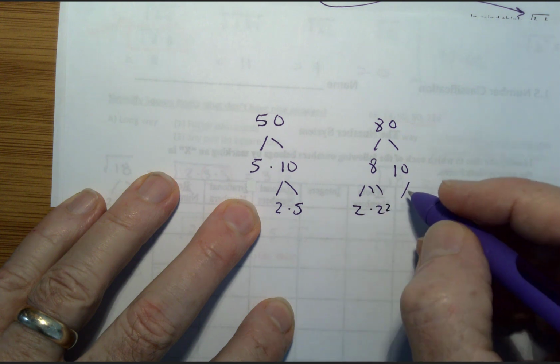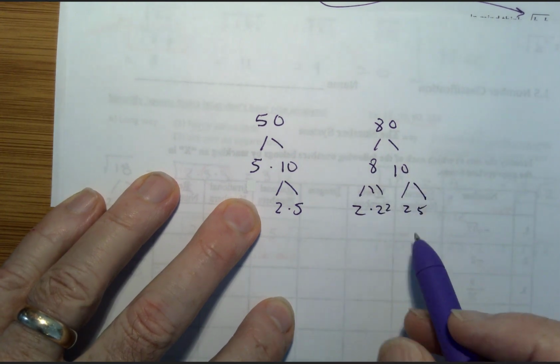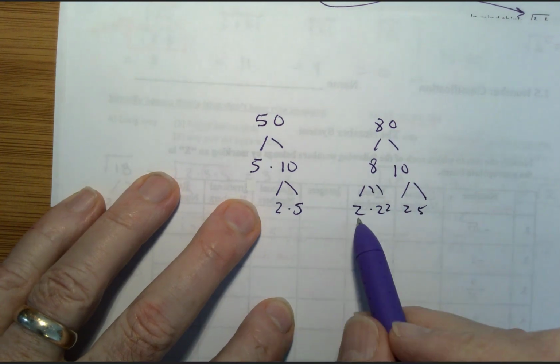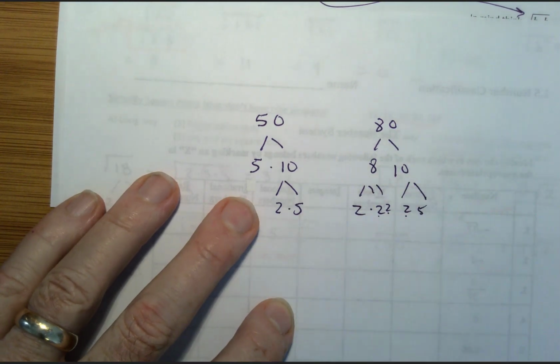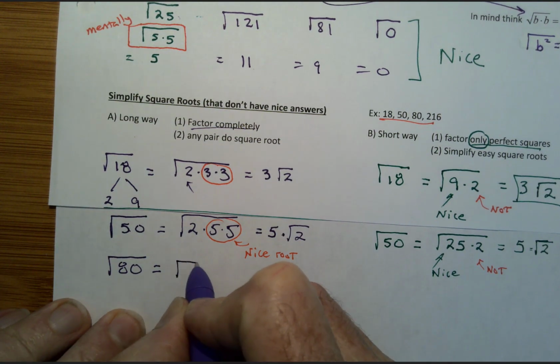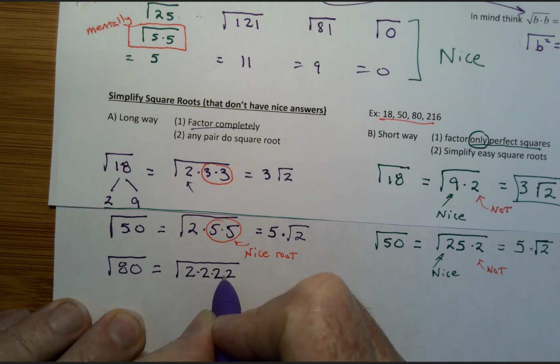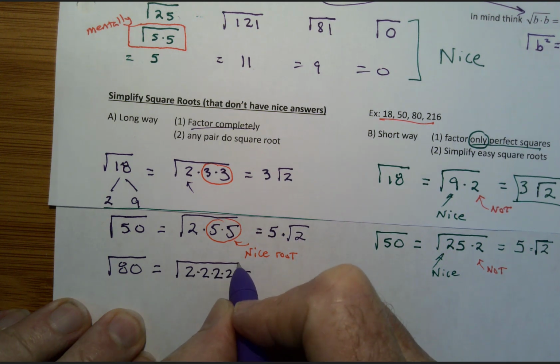And 2 times 2 times 2 is 8. 10 is 2 times 5. It's a little sloppy, but I went fast. So it's 2 times 2 times 2 times 2 times 5 is 80. So I've completely factored it. 2, 2, 2, 2 times 5.